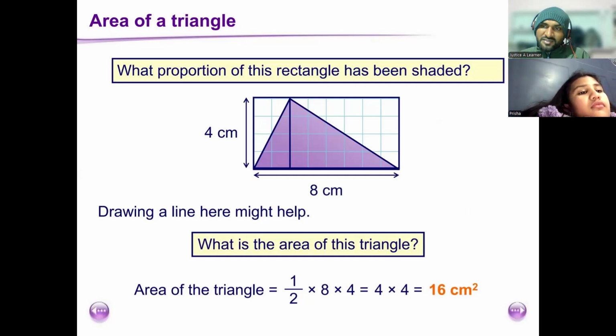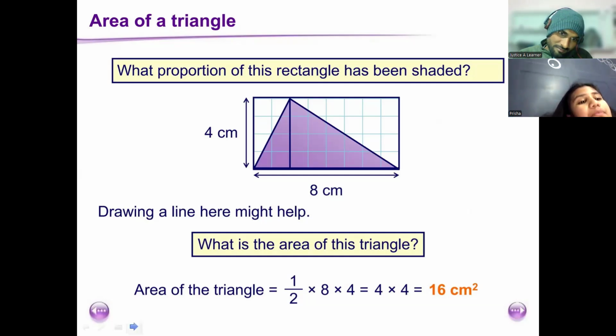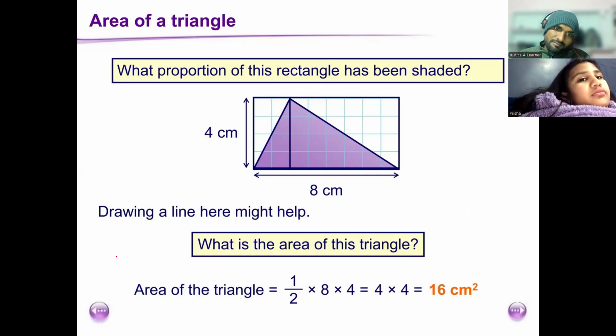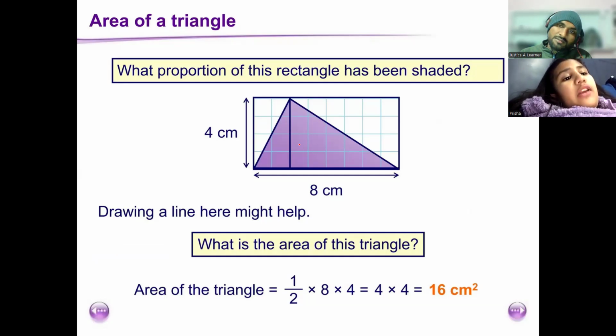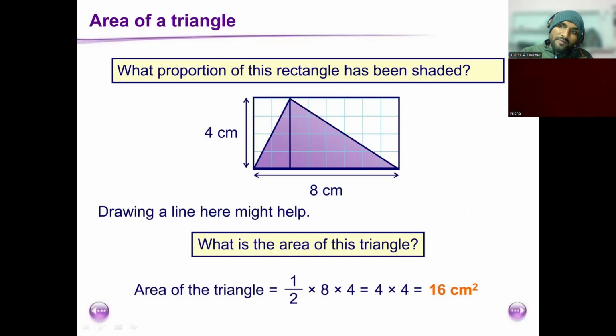Do you see that? Do you know why we have kept this line? Yes, tell me. So that one triangle can be split into two triangles, so that they're right angle triangles, and we can find the area. Right. That's why we have kept it here so that our work becomes easy.